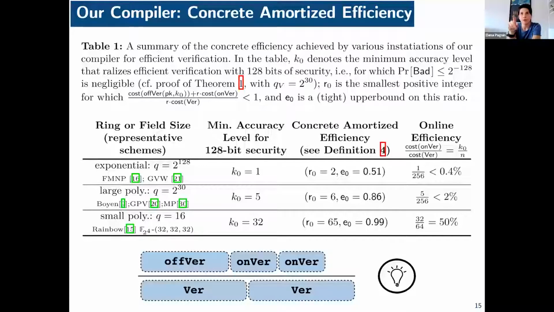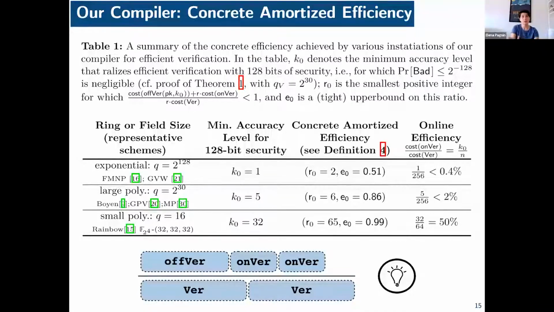And so I get the concrete amortized efficiency already for R0 equal 2. And my concrete efficiency is 0.51, which means that the computational cost of the online verification compared to the cost of running the standard verification is less than 0.4%. So it's super efficient. It costs only 0.4% of the standard verification.